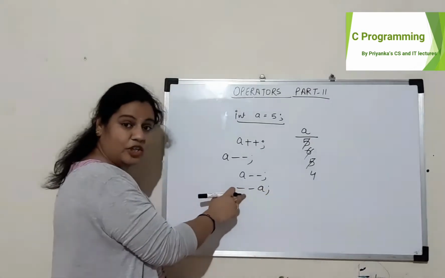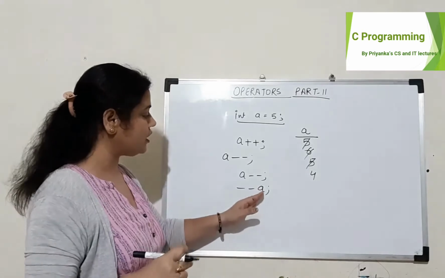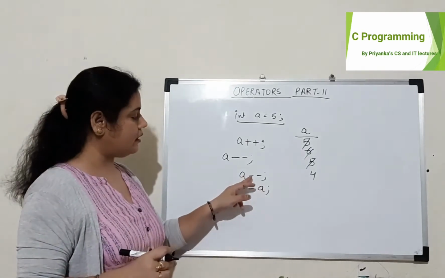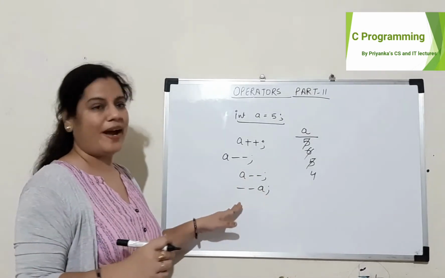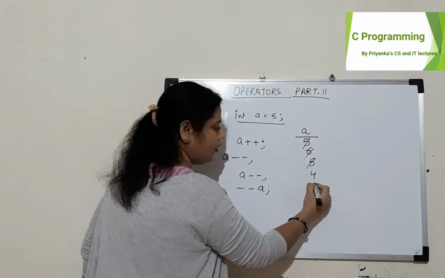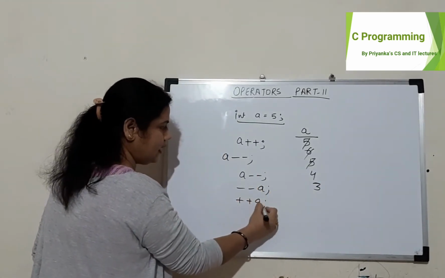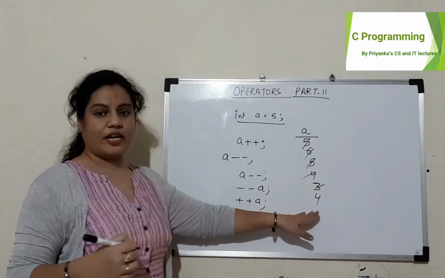This is the pre-decrement operator. It means I am using the operator before the operand, but the value behaves the same. It decreases the value by 1, so it becomes 3. If I say ++a, it will obviously become 4.